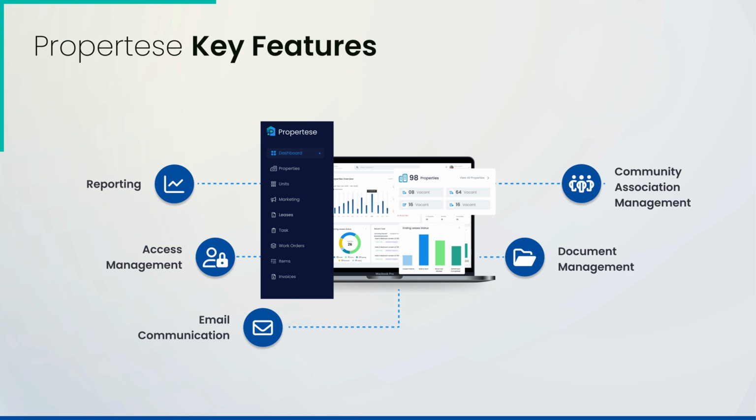Then we have document management: upload, tag, and organize critical documents like lease agreements, floor plans, and inspection reports. Documents can be linked to properties, leases, tenants, and different records, and easily accessed when needed through a centralized place. Apart from that, a very important feature of properties is email communication and automated reminders, so you can stay connected without the manual work.